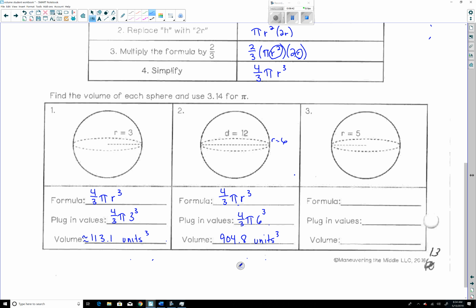Last one, I want you to pause the video and do this last one on your own. Same formula, 4/3 pi r cubed. Pause the video now, substitute in the values, round to the nearest tenth.